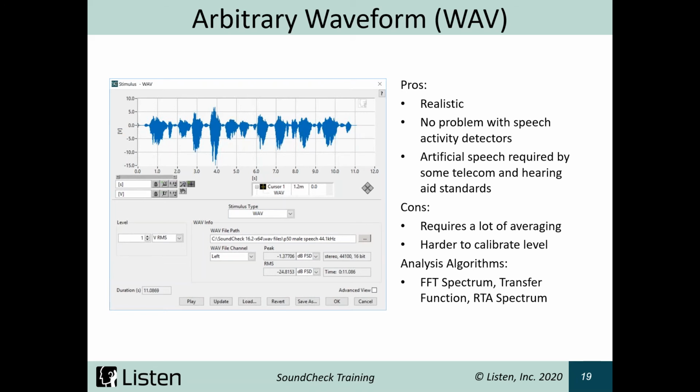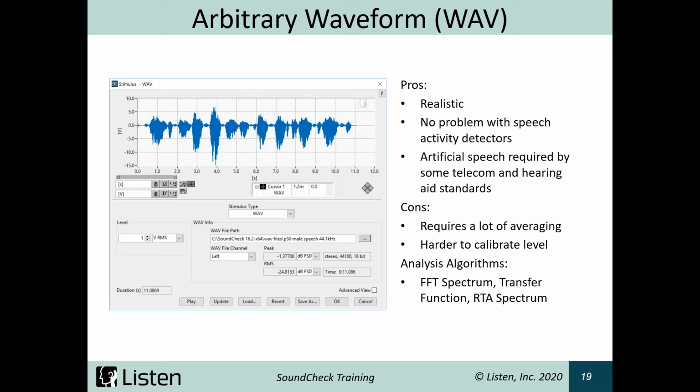Some of the cons, though, is that it does require a lot of averaging and it can be tricky to calibrate level. So even if you just look at this graph on screen right now, we can see that some of the peaks are reaching out to -15. And there's a lot of silence in between because of how speech works.